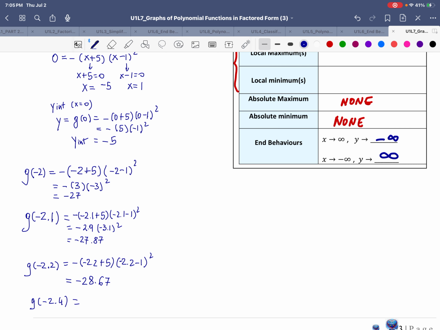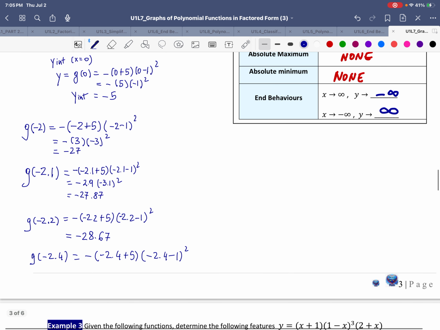So negative, so we have negative 2.4 plus 5, and then negative 2.4 minus 1 to the power of 2. So negative 2.4 plus 5 multiplied by negative 2.4 minus 1 to the power of 2 will give negative 30.